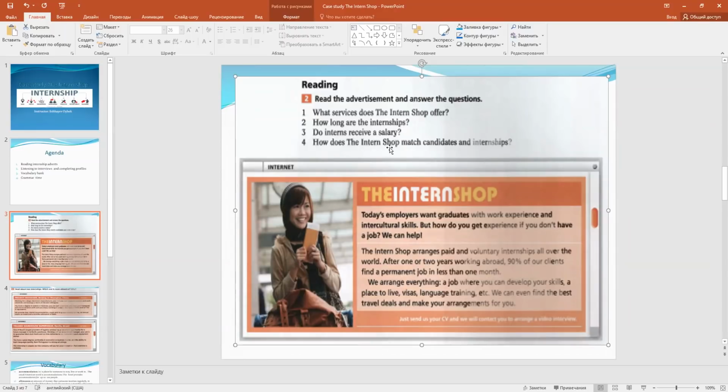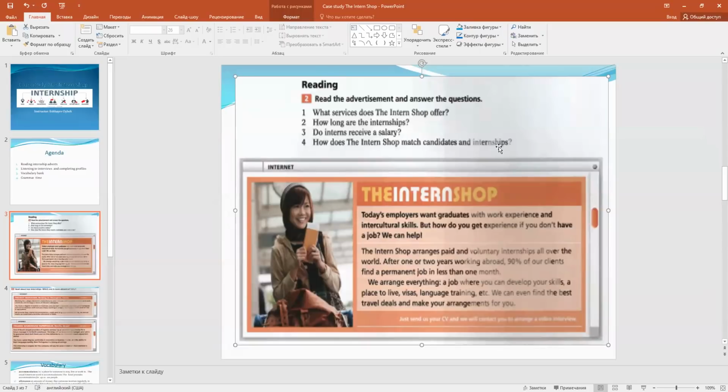How does the internship match candidates and internships? Can you tell me? It means how does this internship satisfy the candidates, satisfy the students?